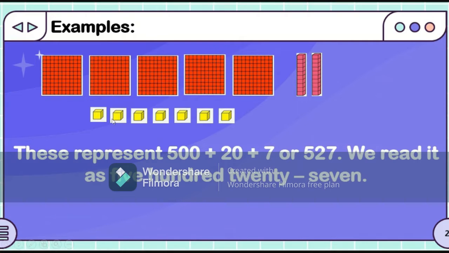We have 1, 2, 3, 4, 5, 6, 7. So we have 7 squares. So that is 7, equivalent to 7. Or we may say that 527. So babasahin natin siya as 527.